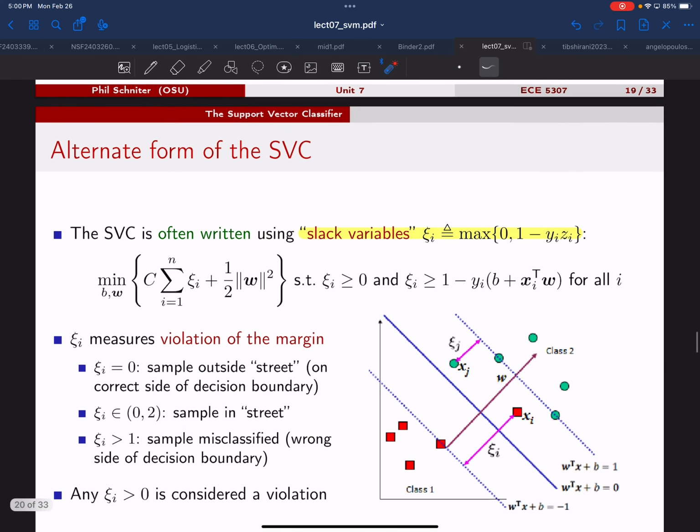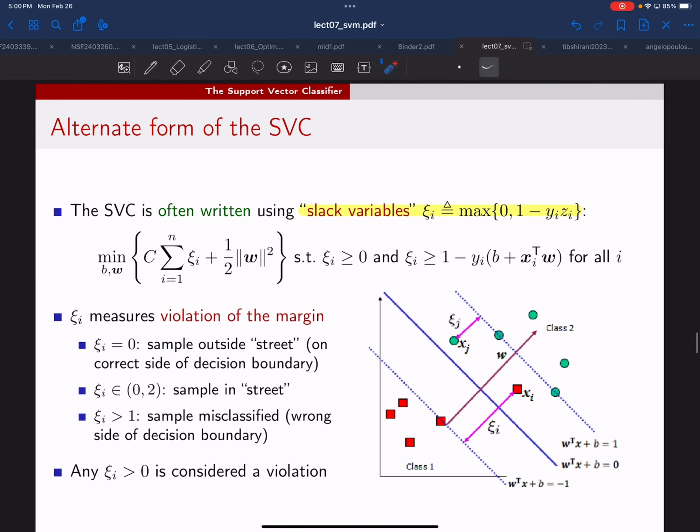And the slack variables can be visualized too. They are the distances between these points and the street, basically. So if you have xi_i equals 0, that means that sample i is outside the street on the good side. So all these blue points would have xi_i equals 0.